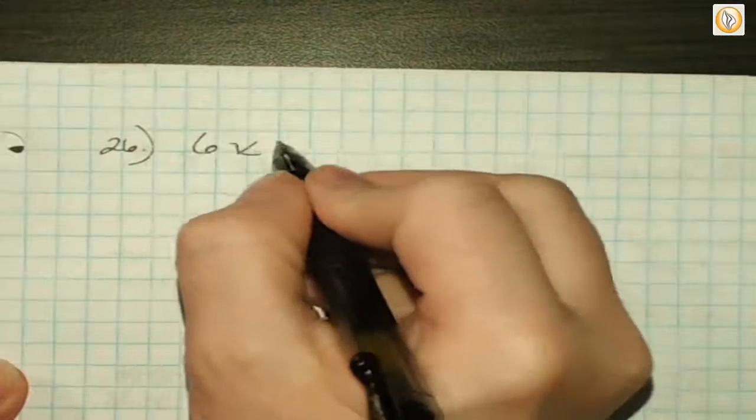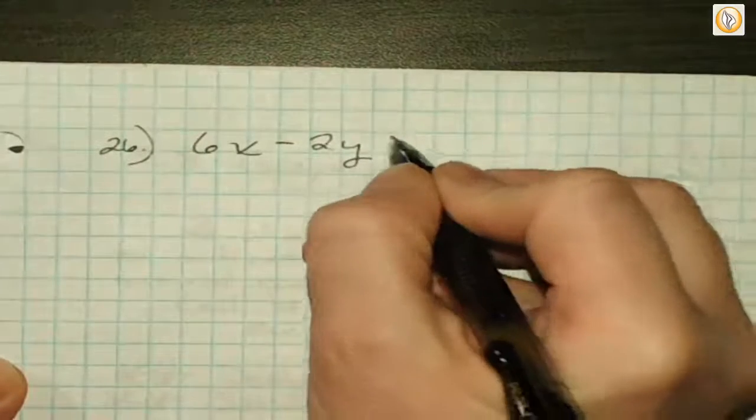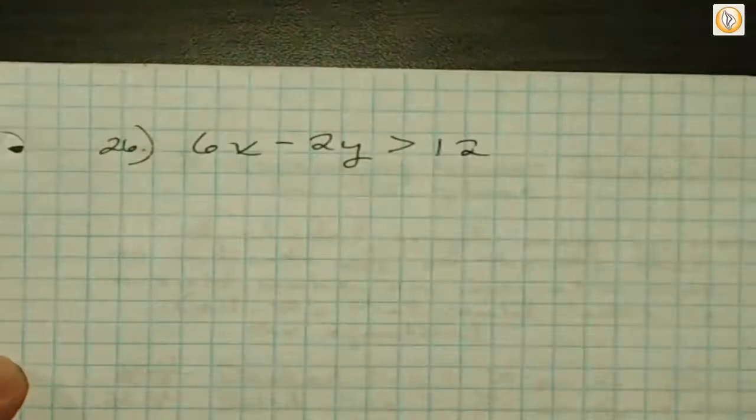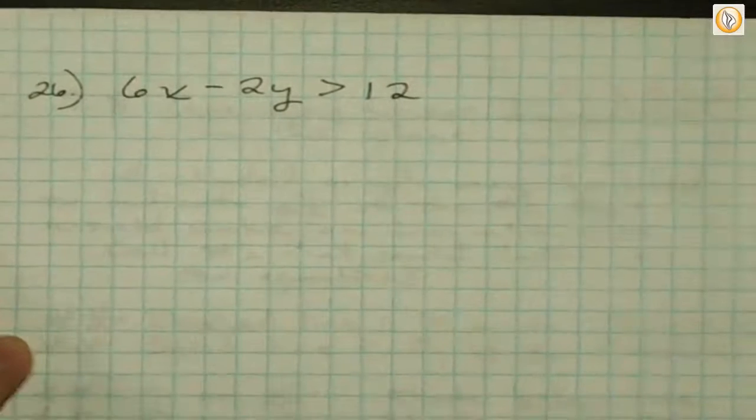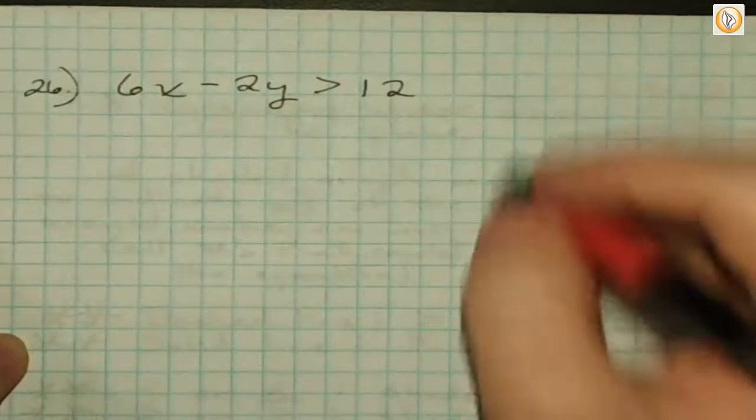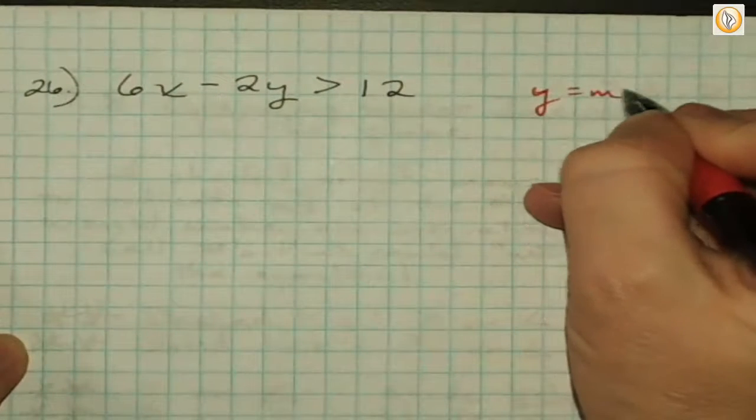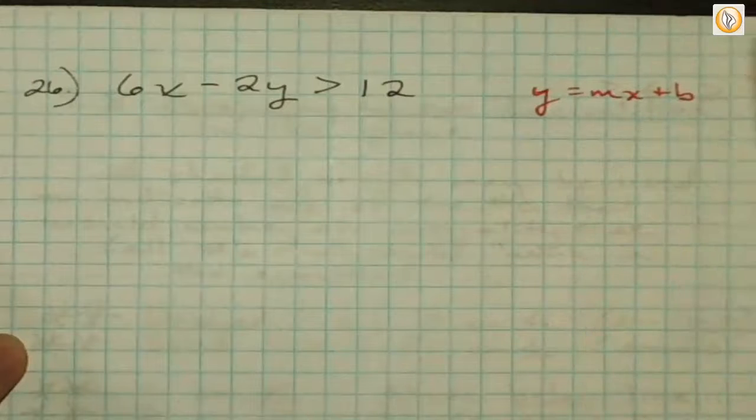Joseph, 6x minus 2y is less than 12. Okay, is this in the y equals mx plus b format? What do we have to do to get it there?